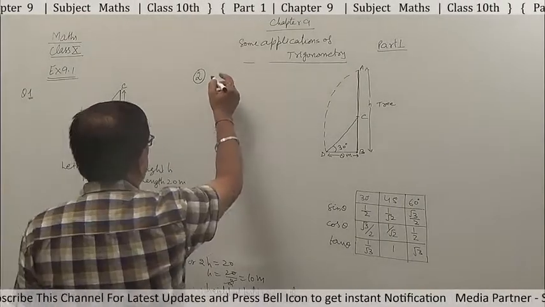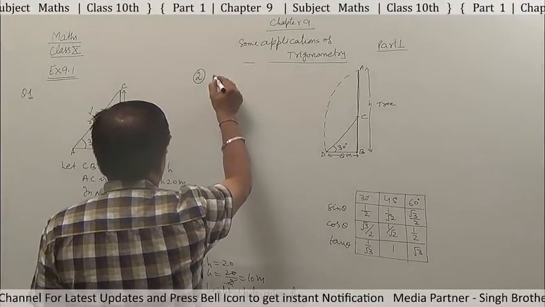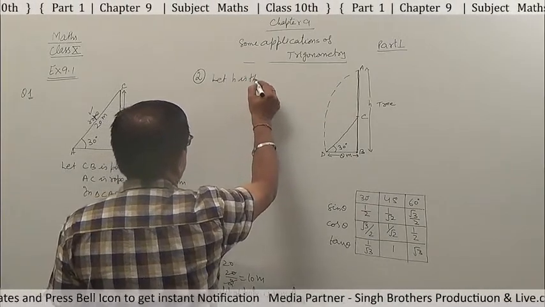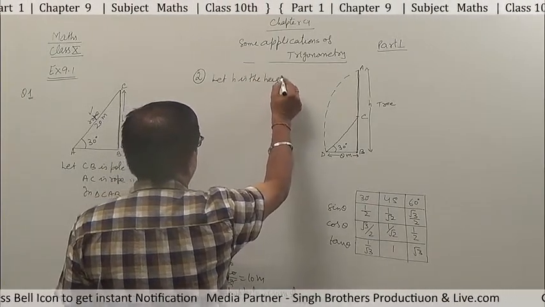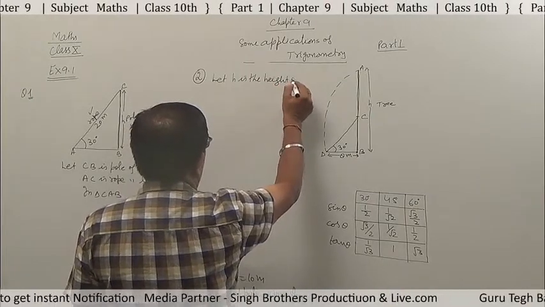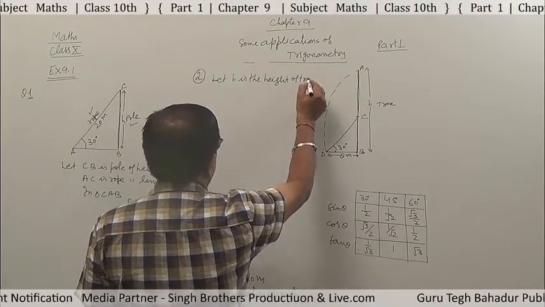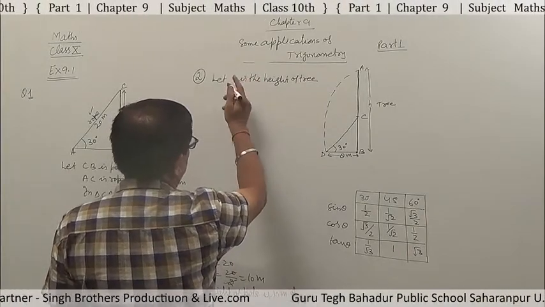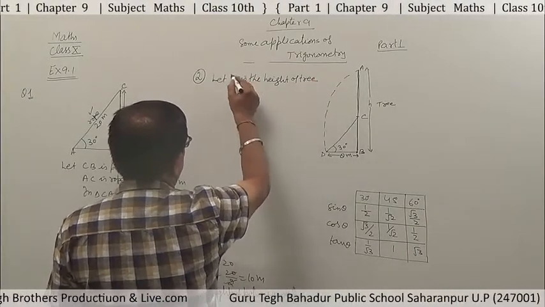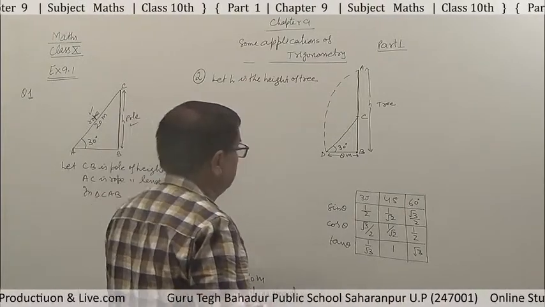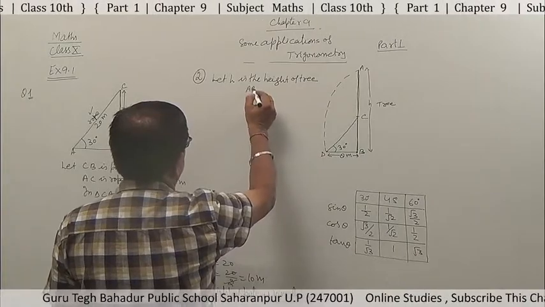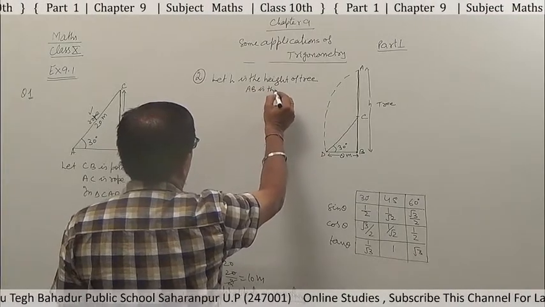Let h be the height of the tree, AB is the height of the tree.